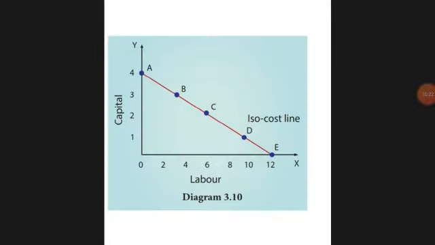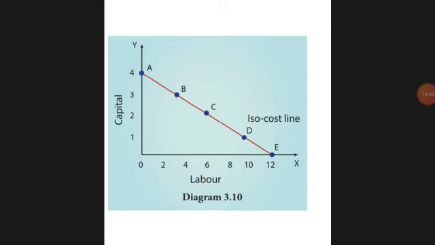So you can see in the diagram, O A E is a triangle. That is the expense incurred for capital and labor. The triangle shows how much was incurred for capital and labor.